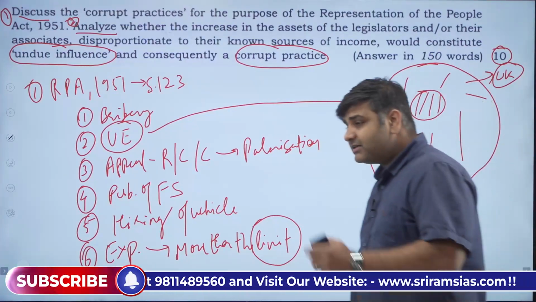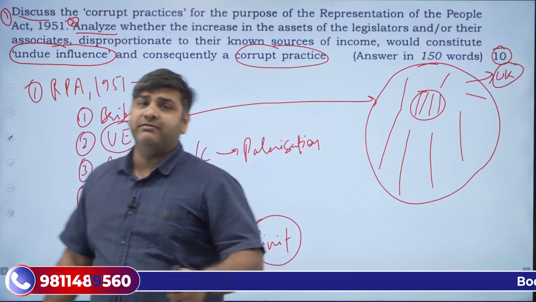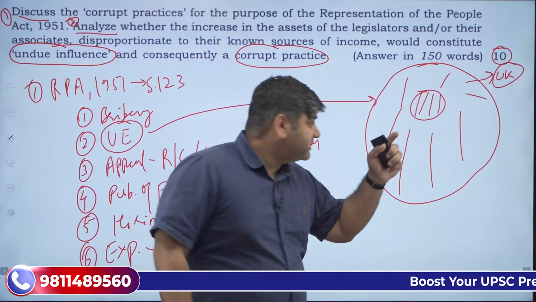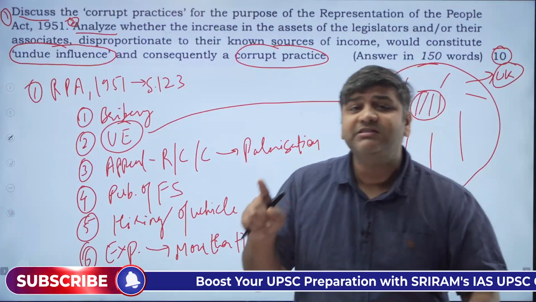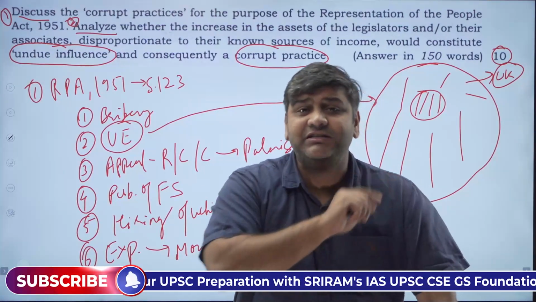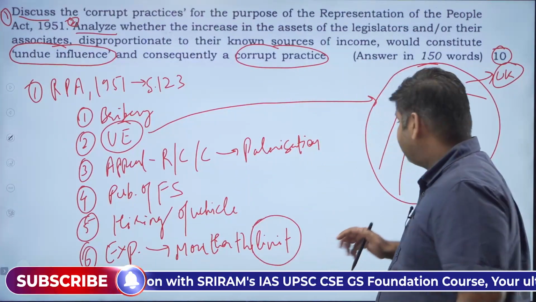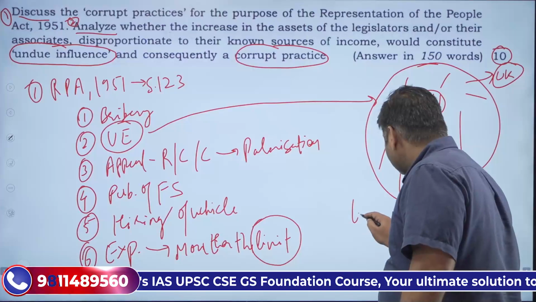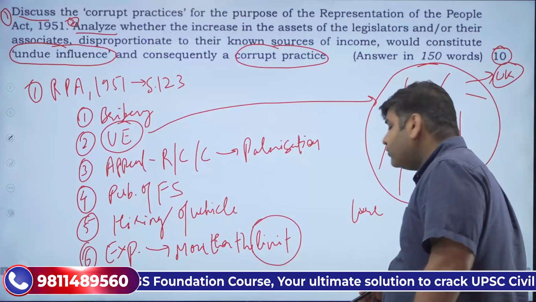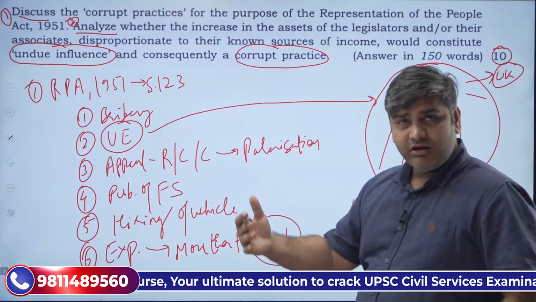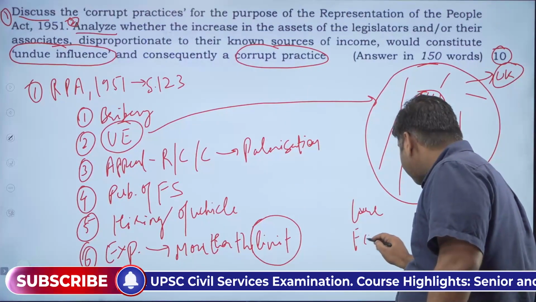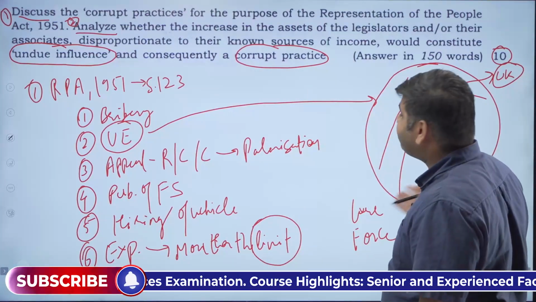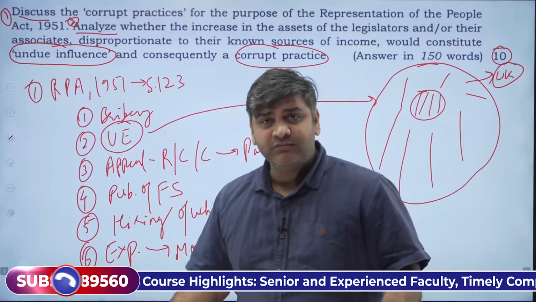Yes, it can be, but proof has to be given that the disproportionate income has been used to influence the free and fair elections in the country. Either to lure the voters, or to force them, this disproportionate income can be used.